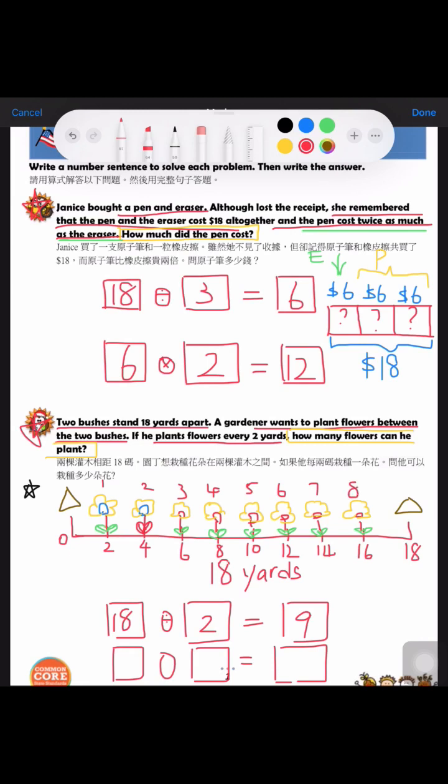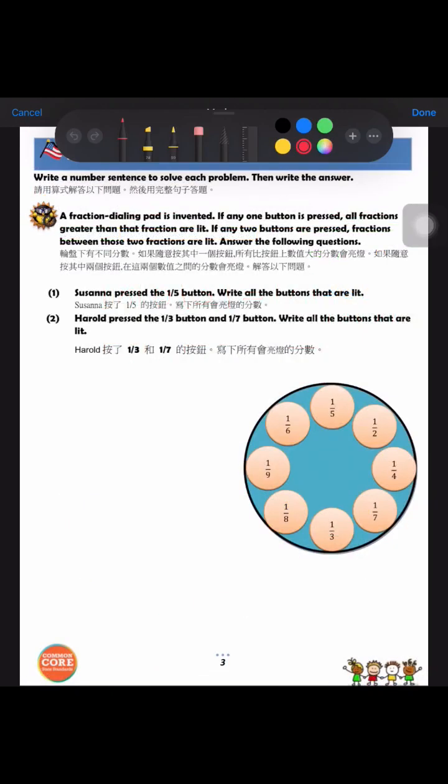It's not 9. Why? As you can see, at the end there is a bush, so he cannot plant a flower there. So 9 minus 1 equals 8. 8 flowers. And now we move on to page 3.